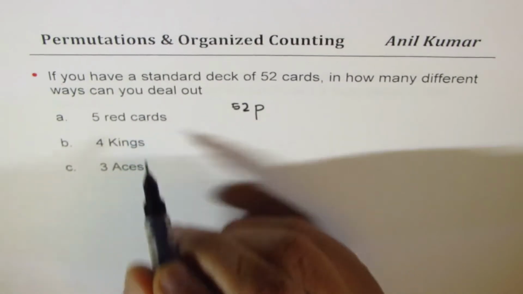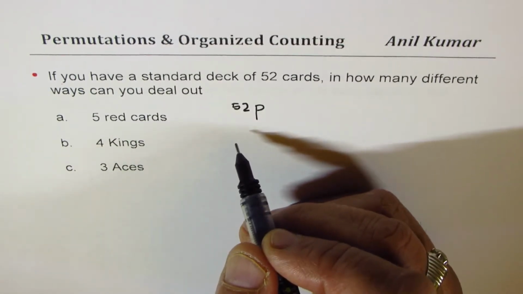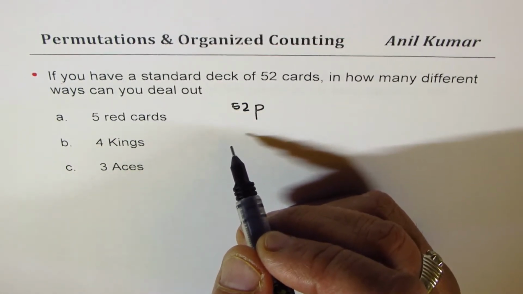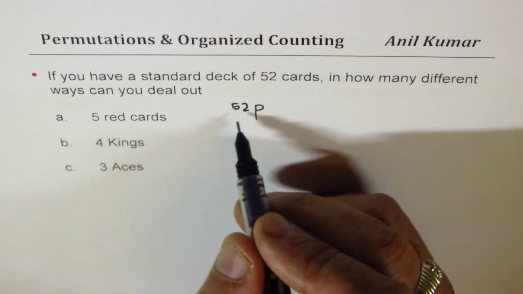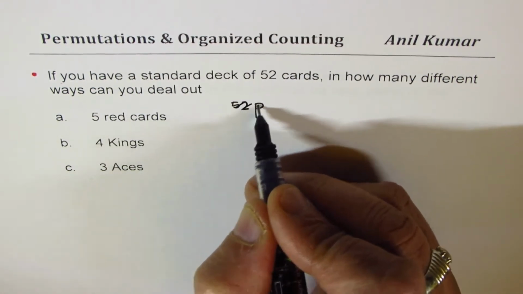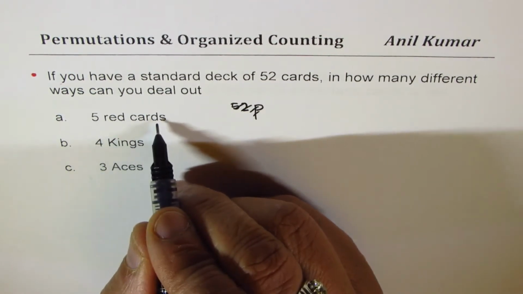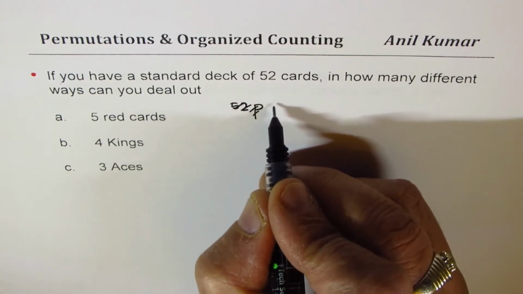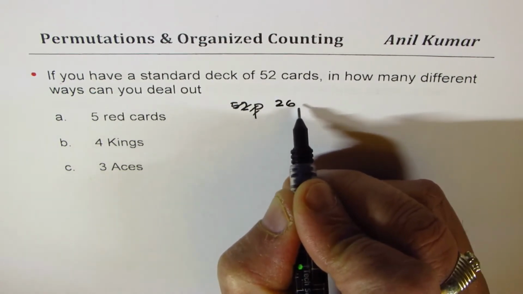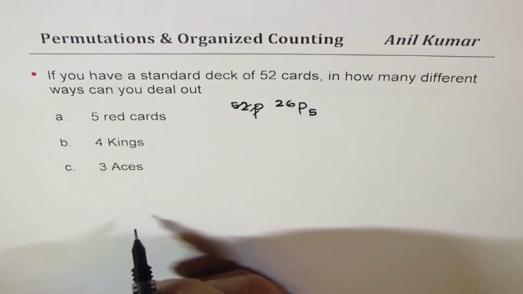But how many red cards are there? That is what you have to remember. There are 26 red cards, so you could only get 5 red cards out of the 26 red cards. So the number of combinations is 26P5.